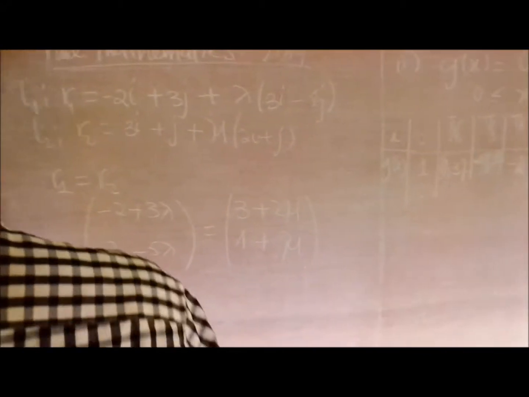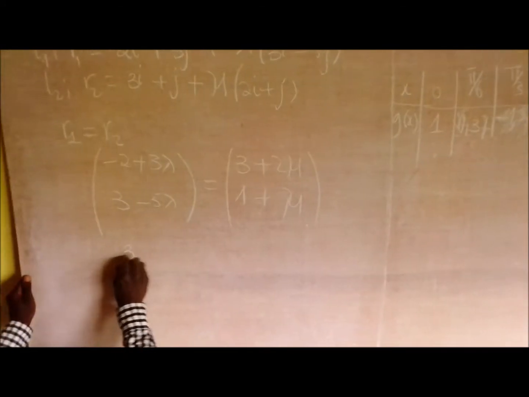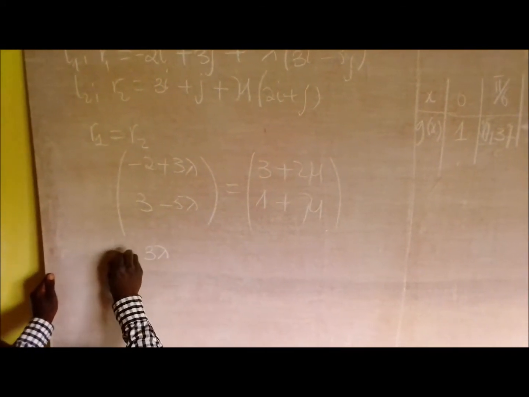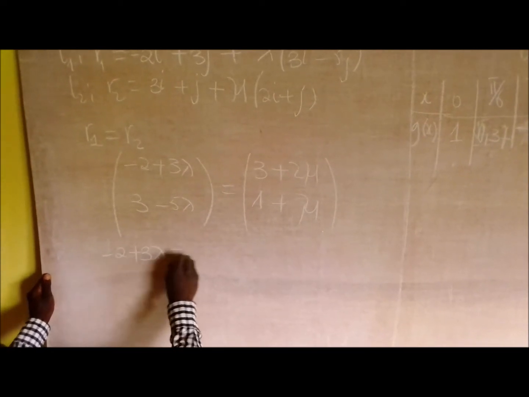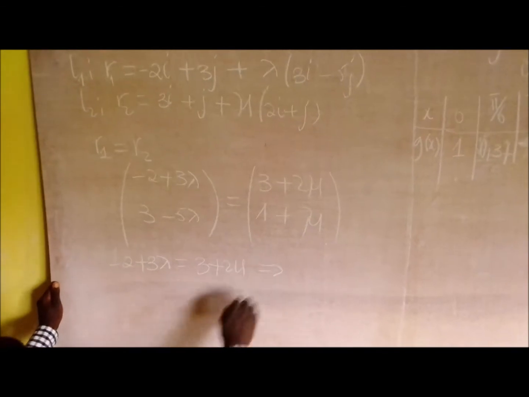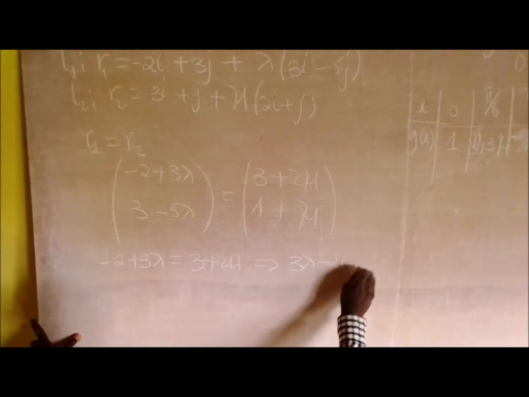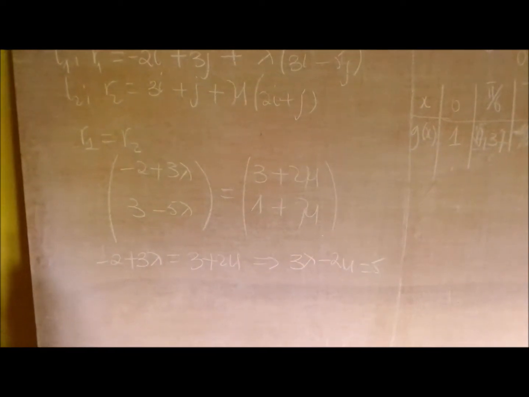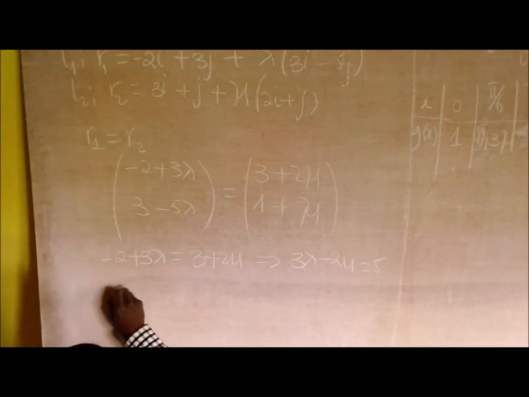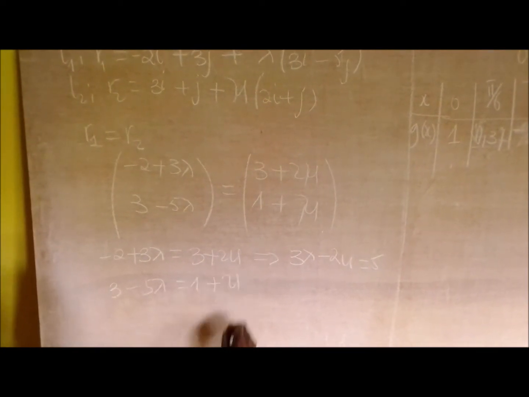Okay, so I now have a set of simultaneous equations that I have to solve to find the values of lambda and mu. I can arrange the first one: negative 2 plus 3 lambda equals 3 plus 2 mu, which gives us 3 lambda minus 2 mu equals 5. Similarly, 3 minus 5 lambda equals 1 plus mu.